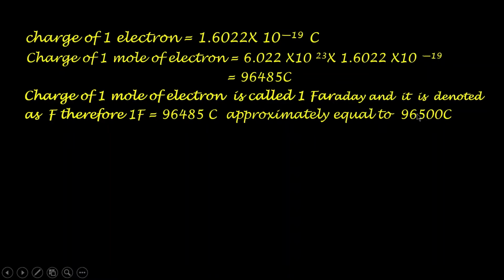So here 96,485 coulombs is rounded up to 96,500 coulombs. Generally we consider 1 Faraday equal to 96,500 coulombs.